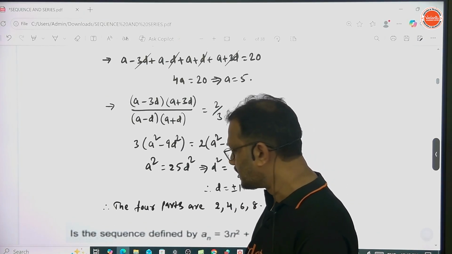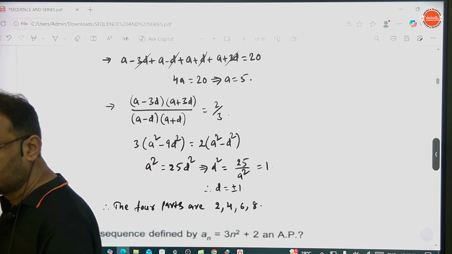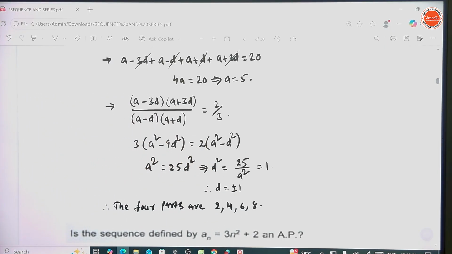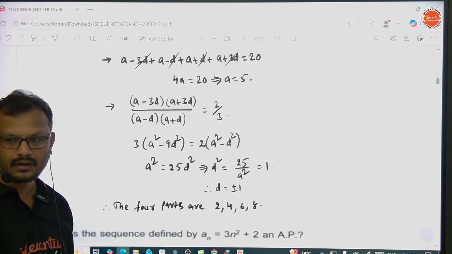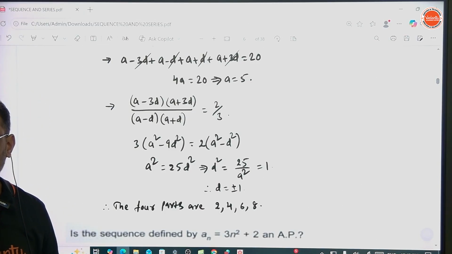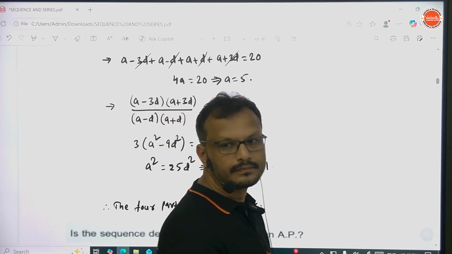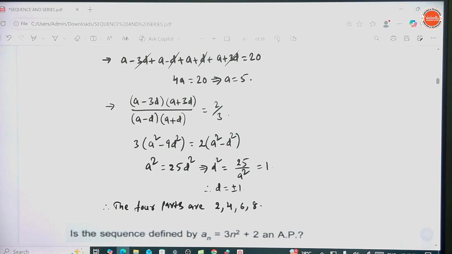Now it is given that a sequence is in AP and whose nth term is given. Is that sequence in AP? No, it's not given as AP, but the nth term is given, so whether it will be in AP or not? Is it in AP?